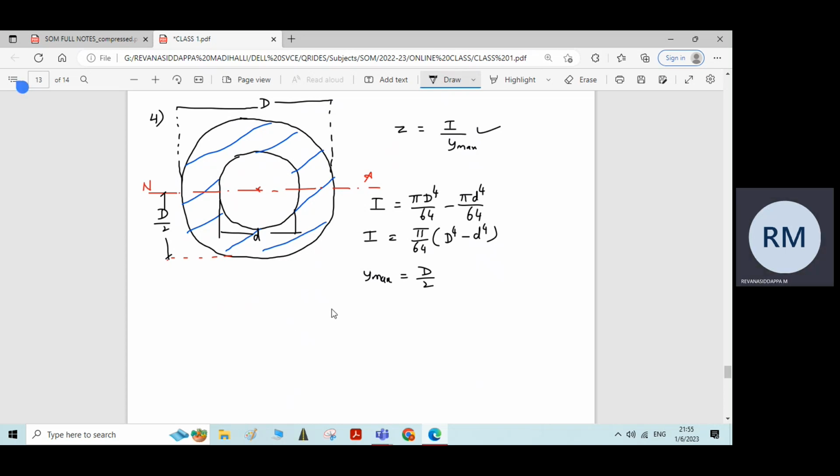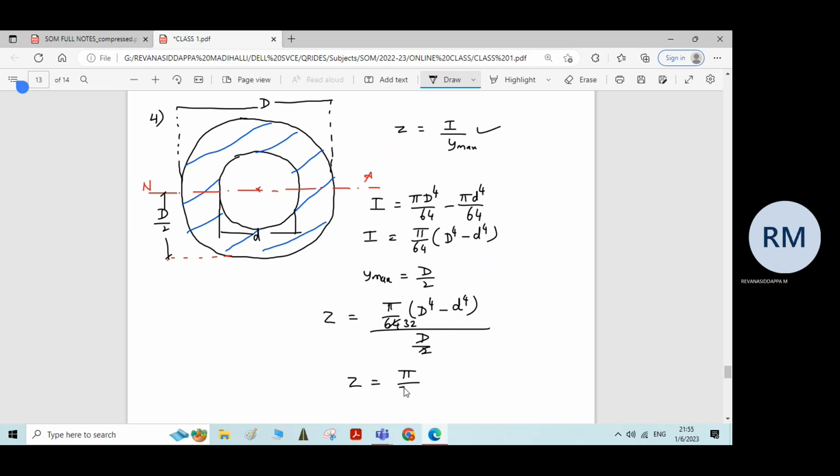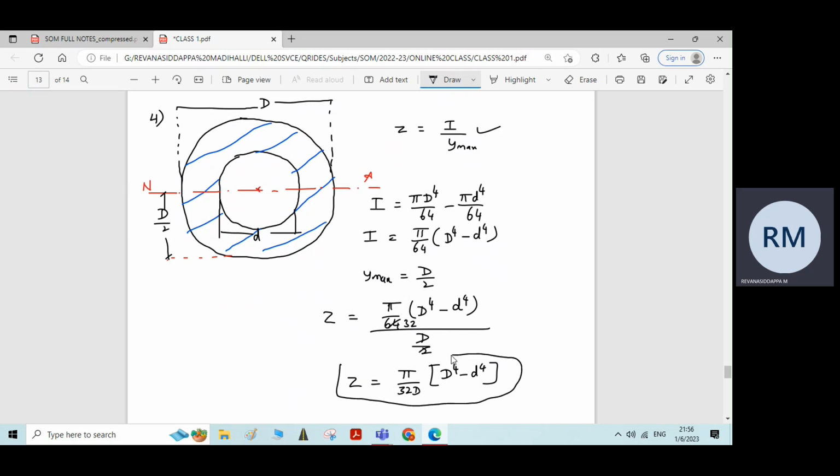Substituting in the section modulus formula, Z is equal to pi by 64 into (D raised to 4 minus d raised to 4) whole divided by D by 2. After simplification it will be pi by 32 into D into (D raised to 4 minus small d raised to 4). This is the formula for the section modulus of a hollow circular section.